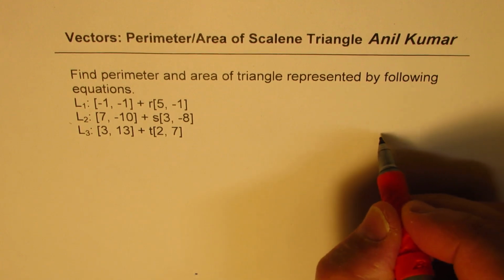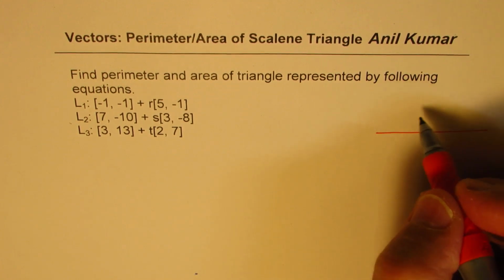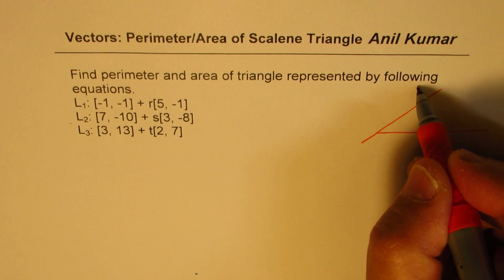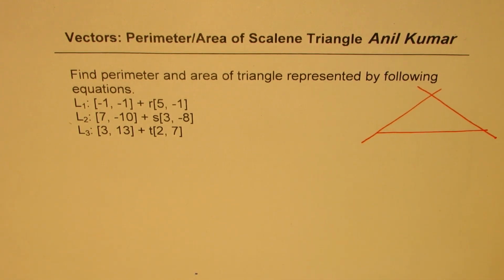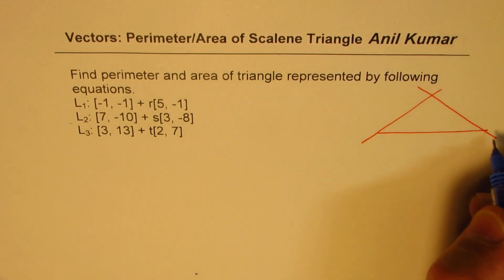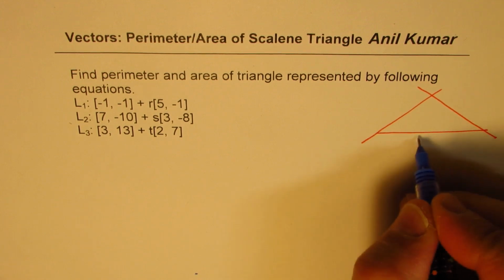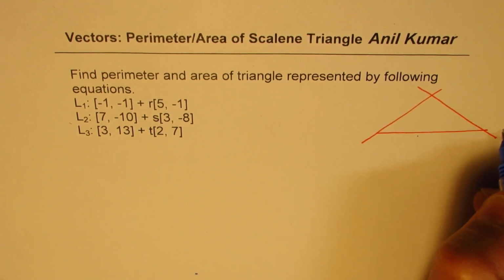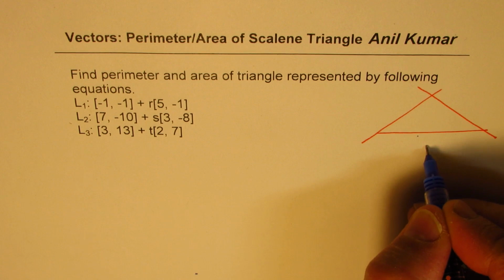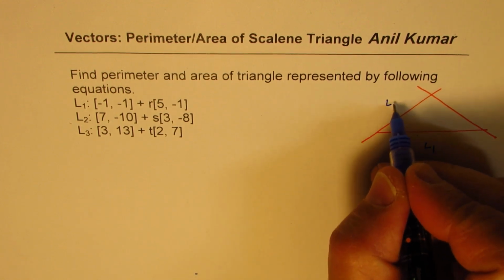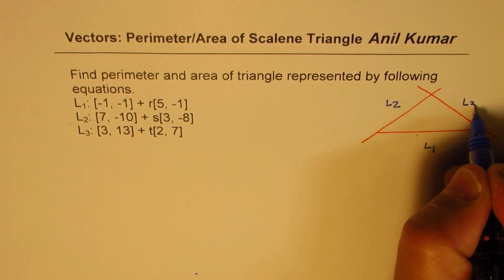So let me just sketch a rough triangle here. Let's say these are the three lines which form a triangle. Let's say this is my line L1, this is line L2, and this is L3.